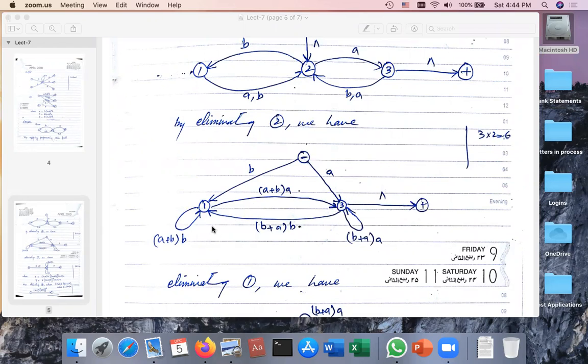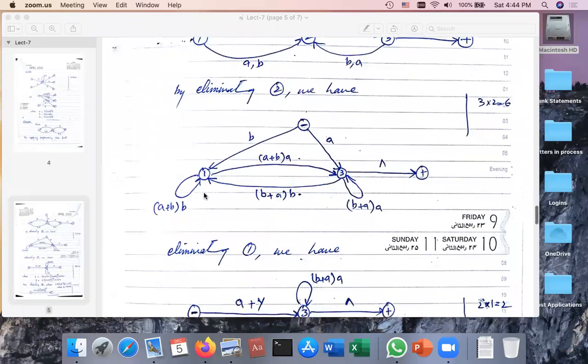The rest of the states will be removed, and when that happens, I will get my regular expression finally. So now I am removing this state 1.